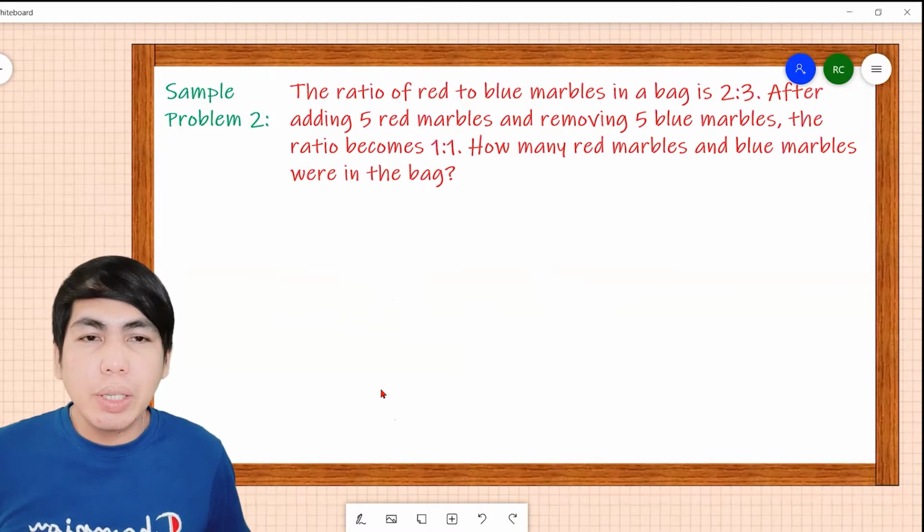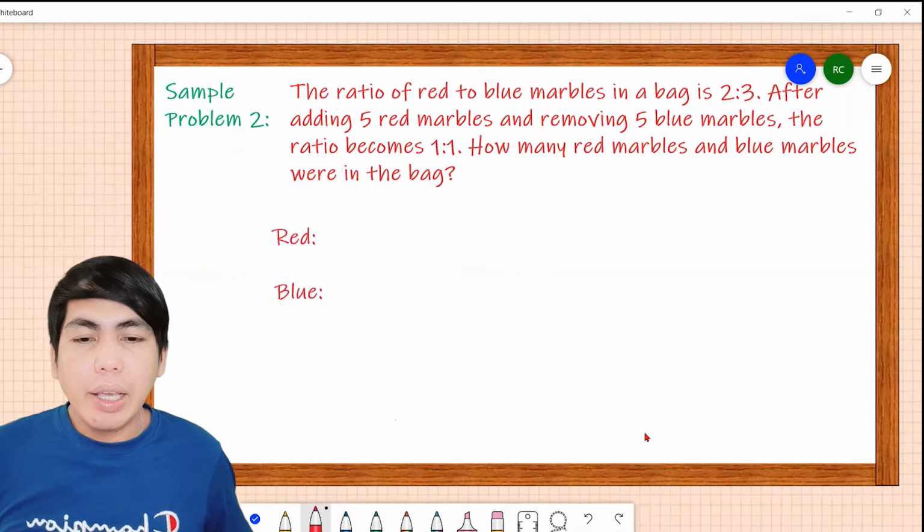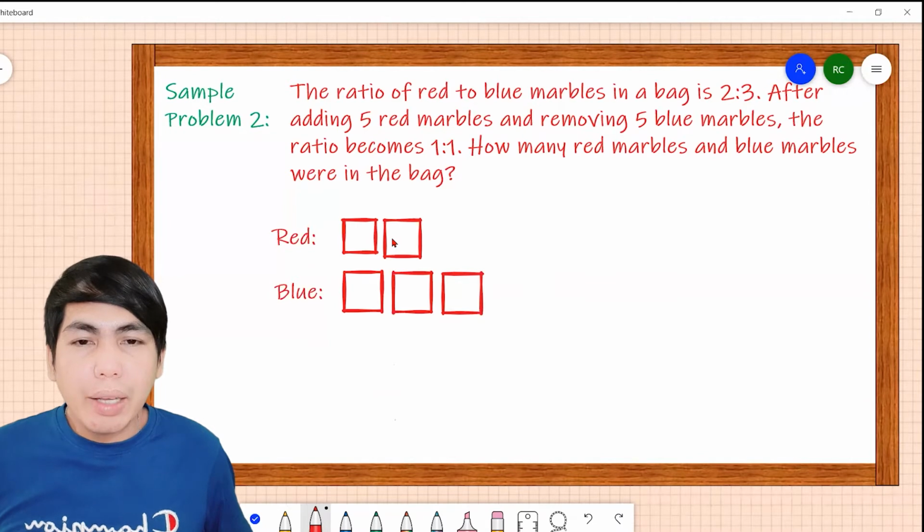First is for us to represent the ratio of red to blue marbles before adding and removing some marbles. At first, the ratio was 2:3. The 2 blocks to represent the red marbles and the 3 blocks to represent the blue marbles.